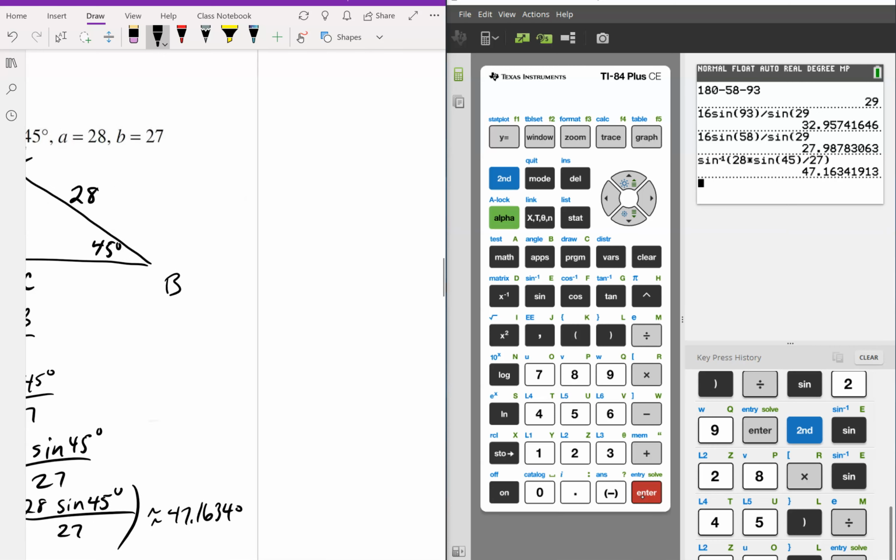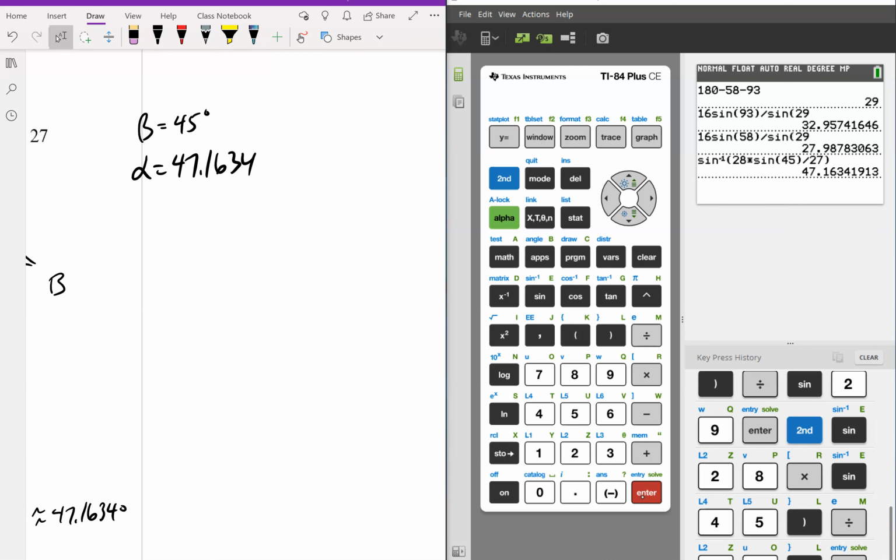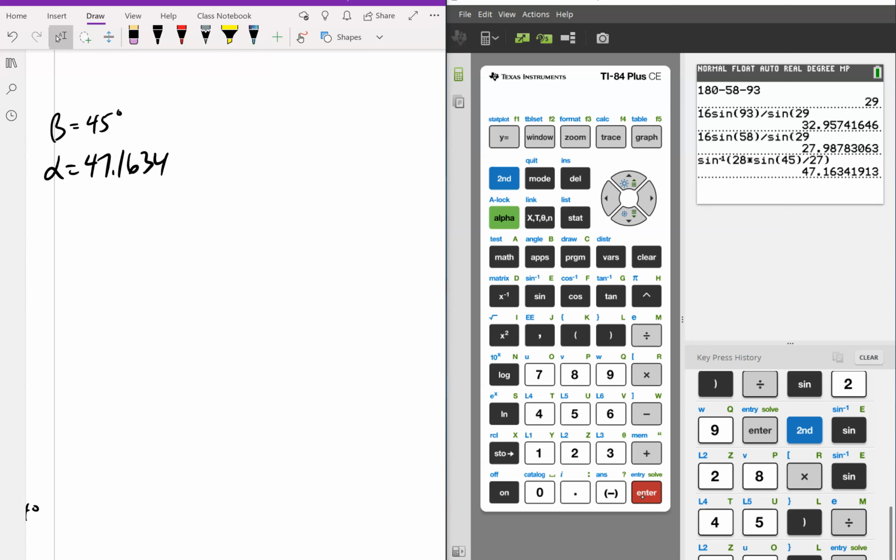So right now we have alpha is equal to 47.1634. We know beta is 45. I can figure out gamma from that. What I want to do first, immediately, is check if there's a second triangle.